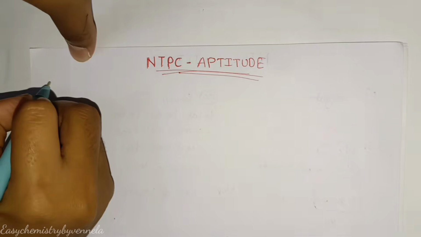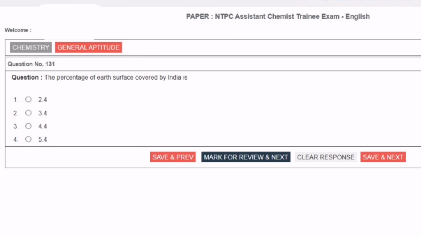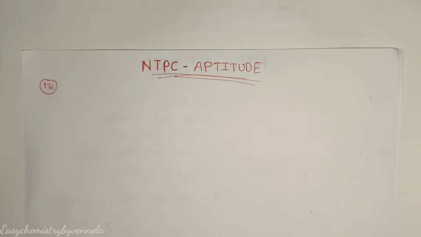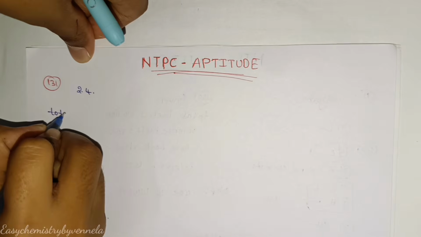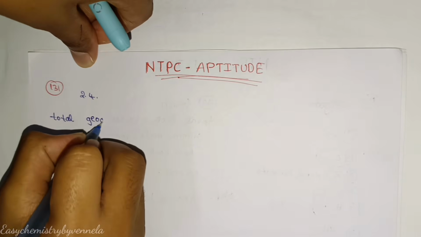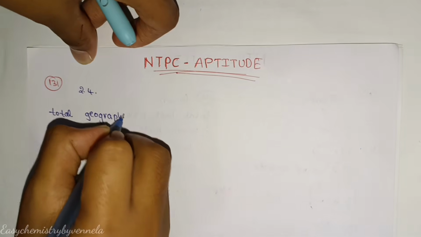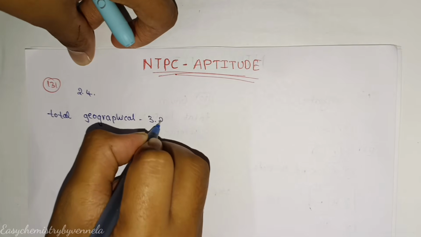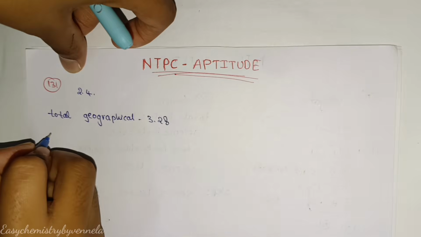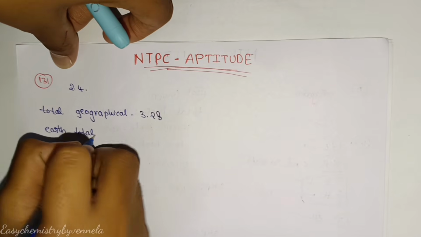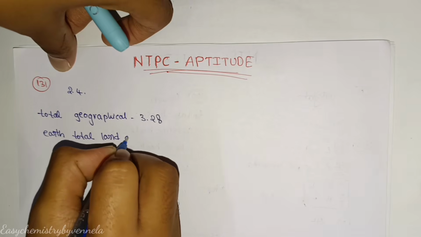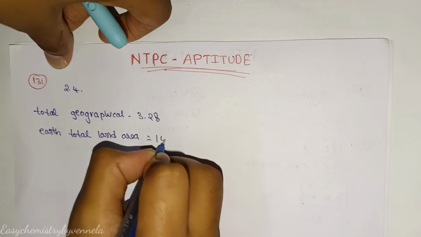So the next question. The percentage of Earth's surface covered by India is 2.4, 3.4, 4.4 or 5.4. Which one? That is 2.4. How? Total geographical area is 3.28 million square kilometers. Next, Earth's total land area is 149 million square kilometers.